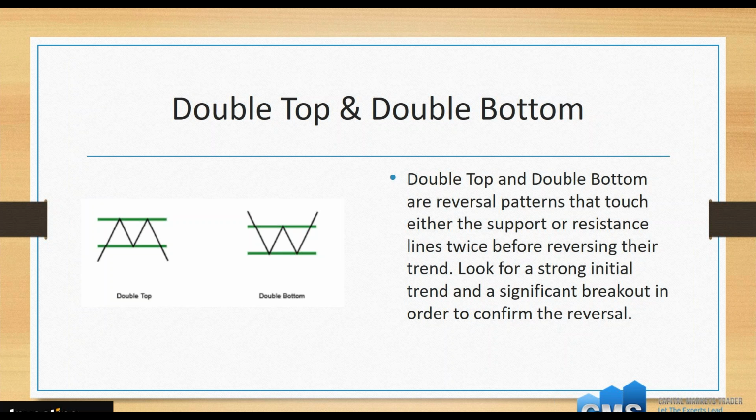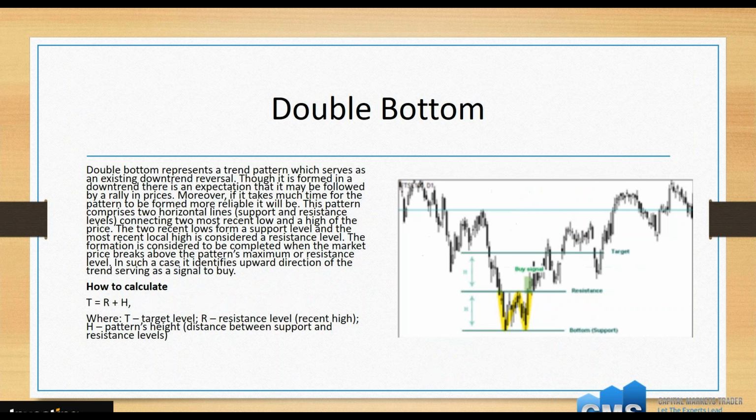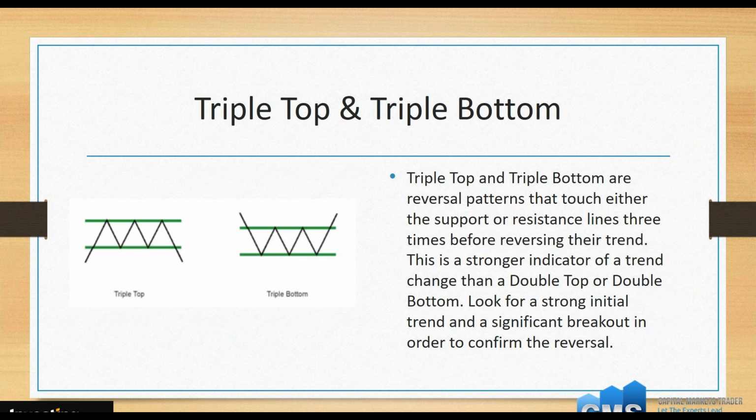There's no rule that is going to tell you how strong the breakout is, no matter what some strategist wants to tell you. Double tops and double bottoms to me are not reliable signals. You need triples. So triples become much more important.